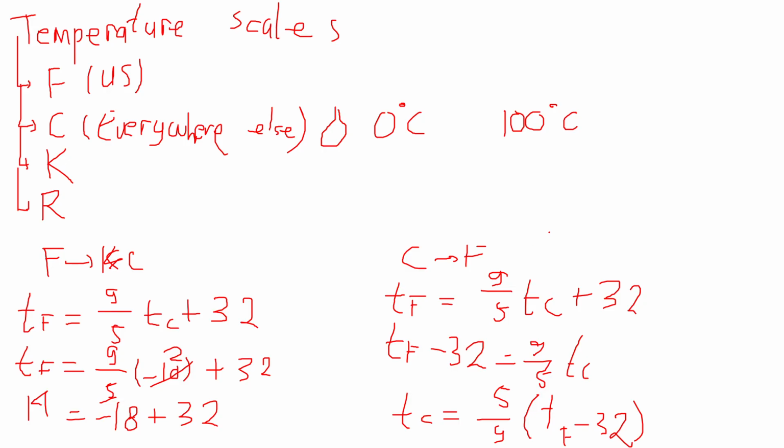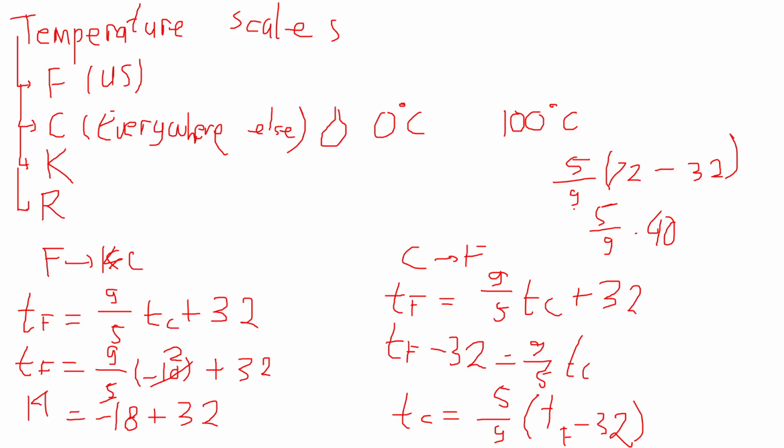Let's try this. Let's go 72 Fahrenheit. How many Celsius is that? We put 5/9 multiplied by 72 minus 32. This would equal 40. So 5/9 multiplied by 40 is 200/9.